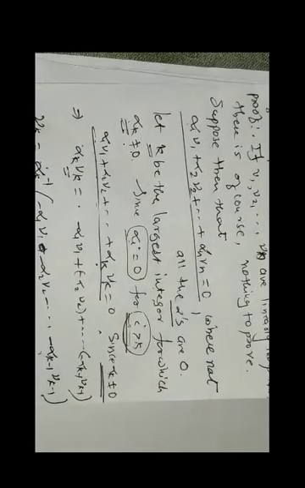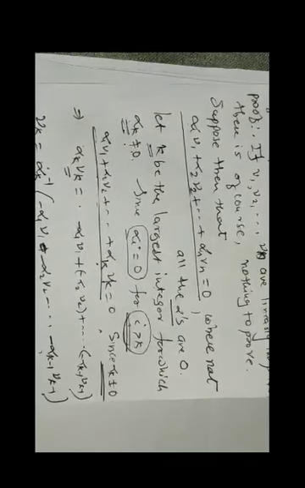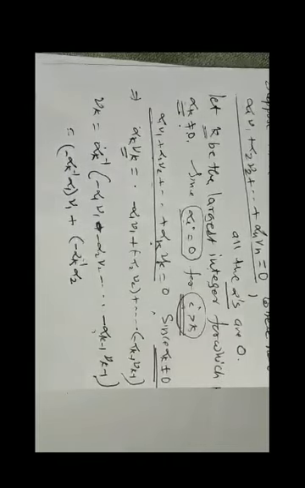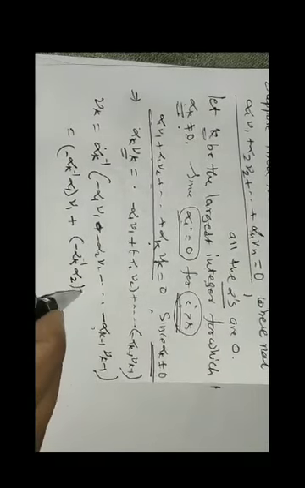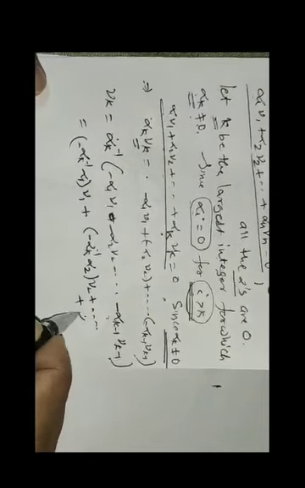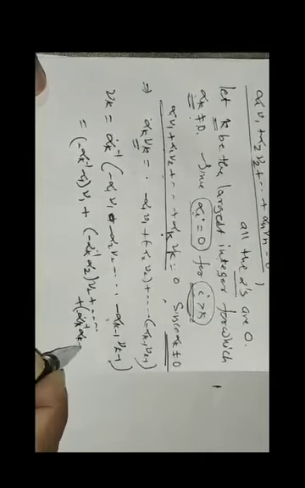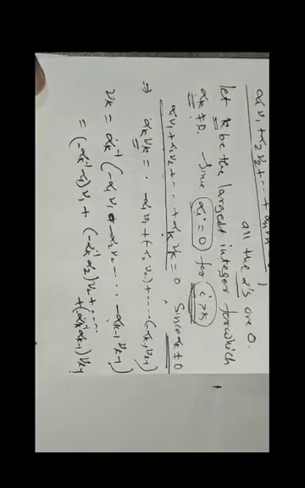Multiplying by alpha k inverse, we get minus alpha k inverse alpha 1 into v1, plus minus alpha k inverse alpha 2 into v2 and so on. Last is minus alpha k inverse alpha k minus 1 v k minus 1.